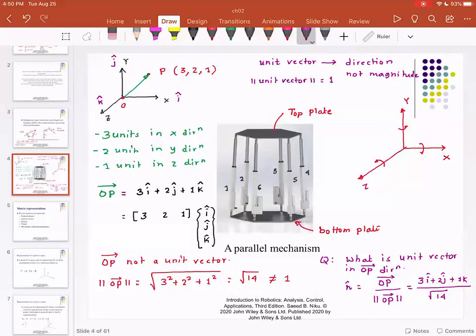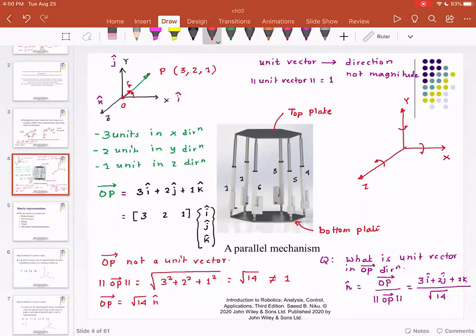In other words, if you could orient yourself in this direction, n hat, and then walk a distance of square root of 14, you would get to point P. So I could also rewrite this vector OP as square root of 14 n hat.